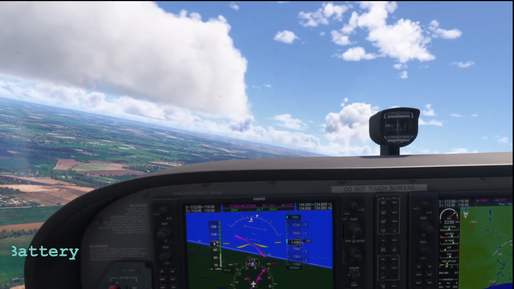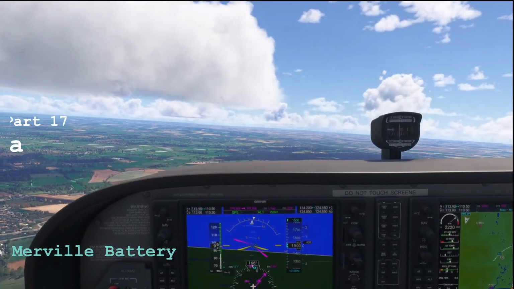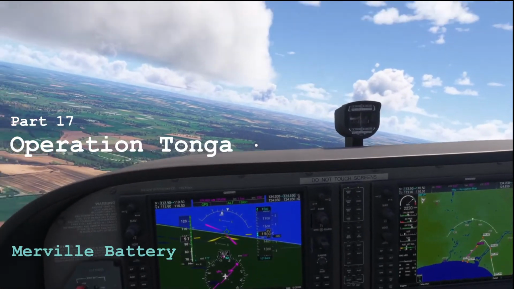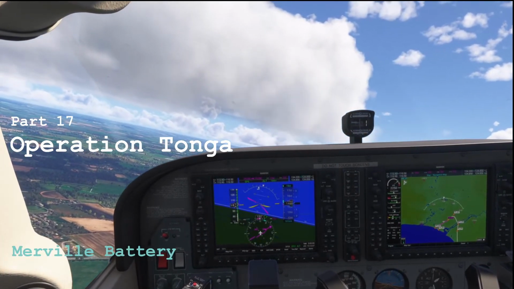So the location is the Merville Battery, and as I say, this is part 17 of Operation Tonga.